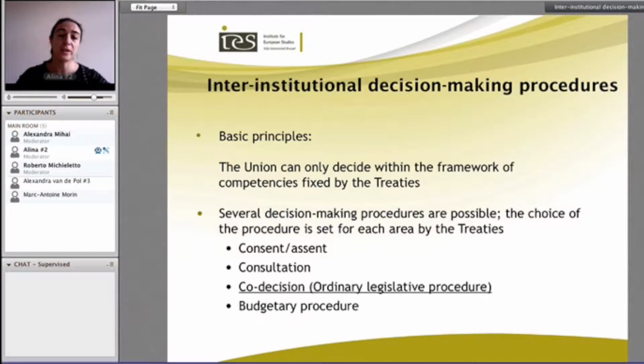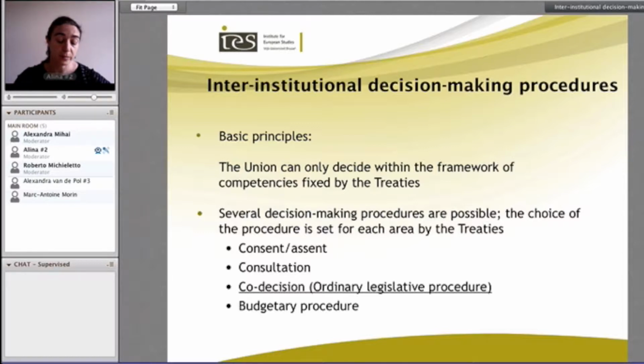That means that the European Union, with all the different institutions, can become active only if the competences have been transferred from the member state to the Union. So if the Union does not have the competence to take a decision in this regard, we don't have a legislative procedure.